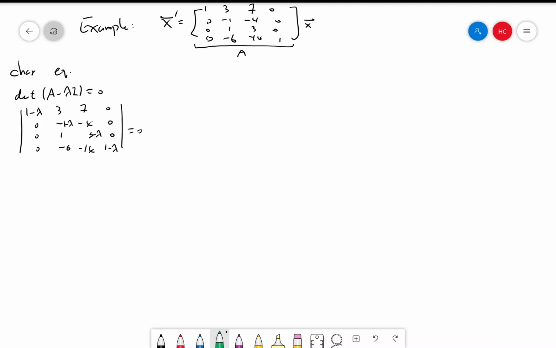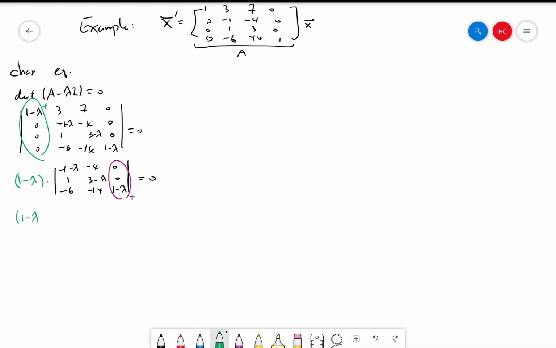First column is mostly 0, so let's expand along the first column. So this is 1 minus lambda times the smaller determinant, and let's do the same thing for the third column because it's mostly 0. The signs go plus, minus, plus, minus, plus. So this is plus.